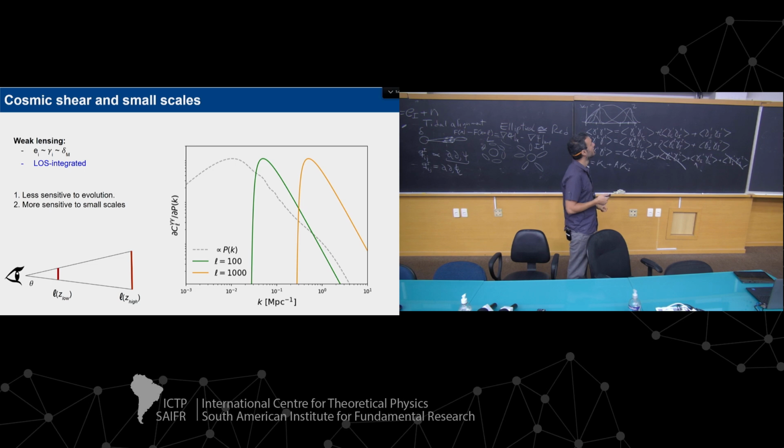So you increment your final error bars on cosmological parameters by a factor 10 or something like that. You lose all sensitivity. So I think we should do better than that, right? We should maybe try to model baryonic effects and extract as much information as we can.